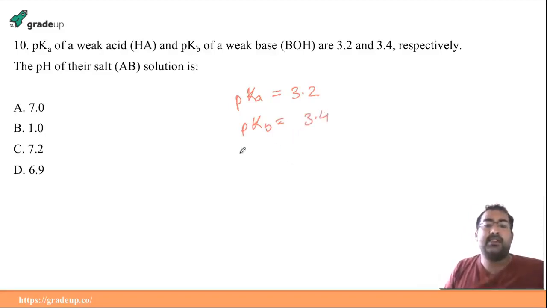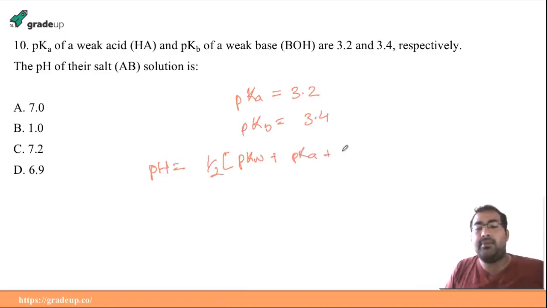So the pH of the solution of your weak acid and weak base is 1 by 2 times pKw plus pKa minus pKb, that's all. That's all you need to do, nothing else.